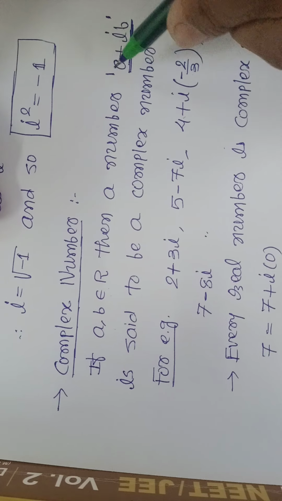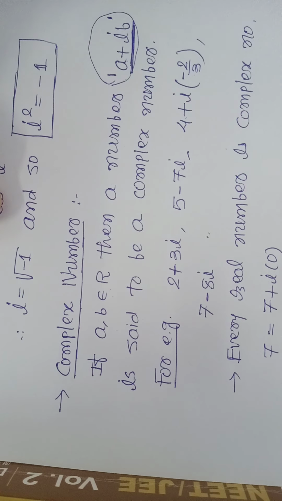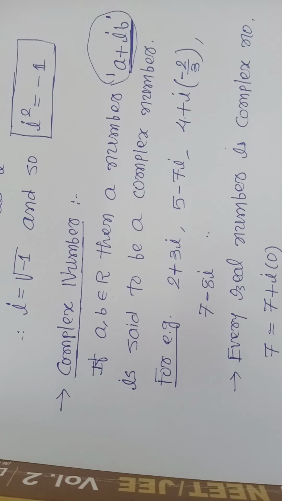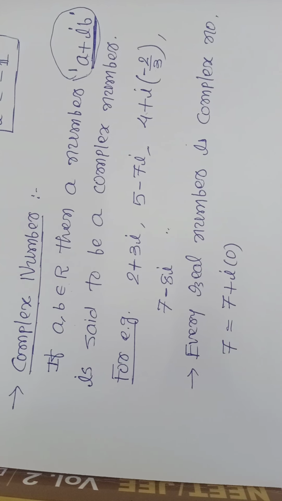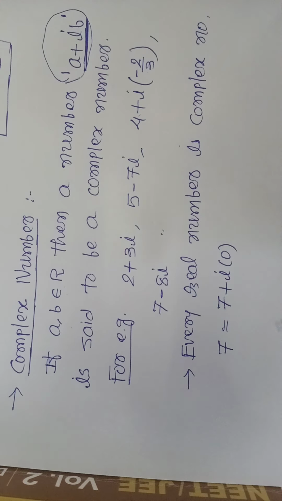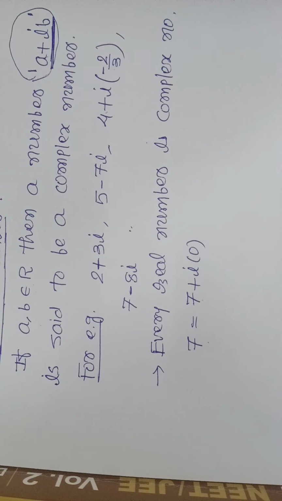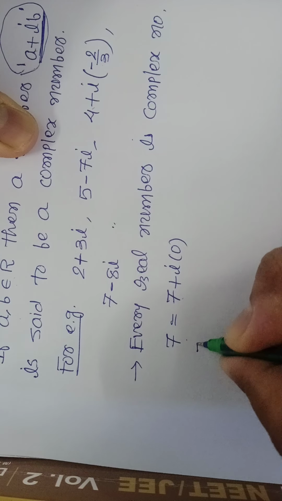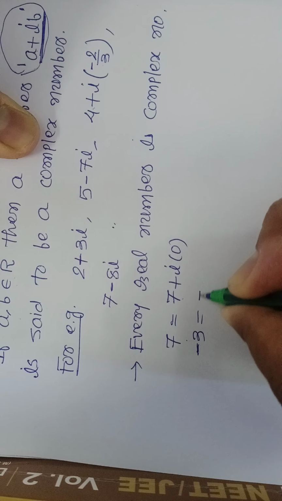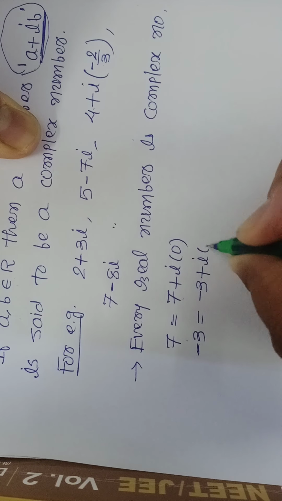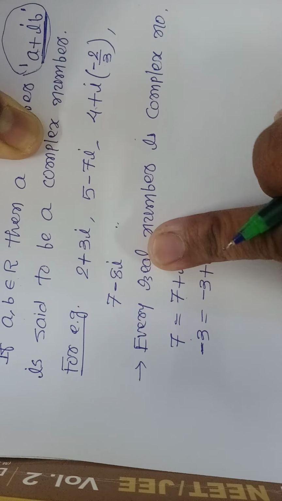See here, a number which can be expressed in the form a plus ib is said to be a complex number. Pay attention, the discussion is about complex numbers. 7 is 7 plus i into 0. Suppose you take minus 3, then you write minus 3 plus i into 0. I into 0 becomes 0, right?